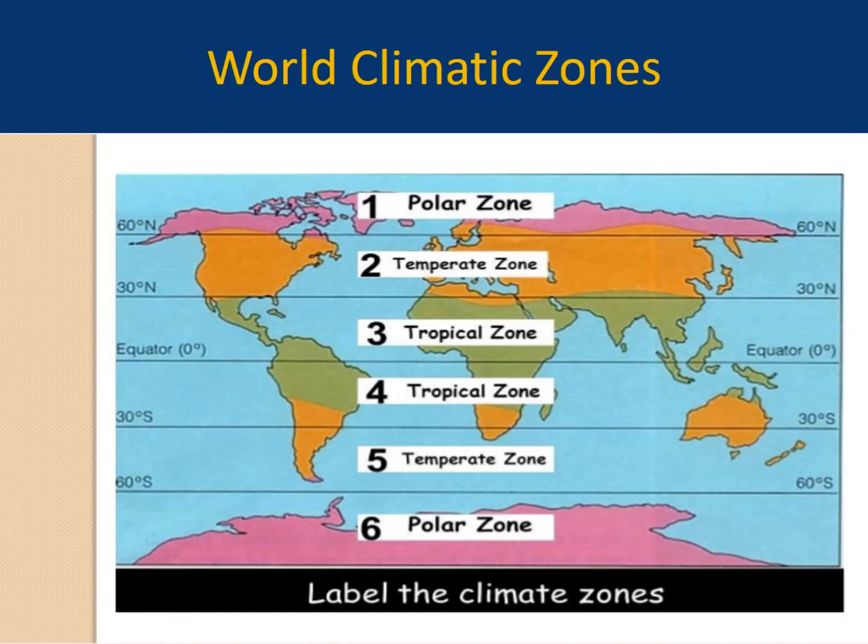In both the hemispheres, 3 zones are given here. You can see equator, then on both sides in the northern hemisphere and the southern hemisphere, tropical zones, and then comes temperate zone in the northern hemisphere and then in the southern hemisphere, and then comes the polar zones, which are the coldest area of the earth.